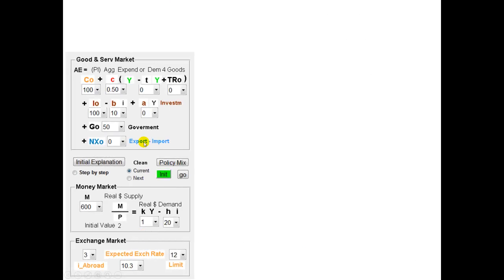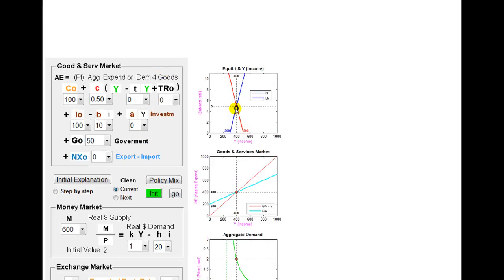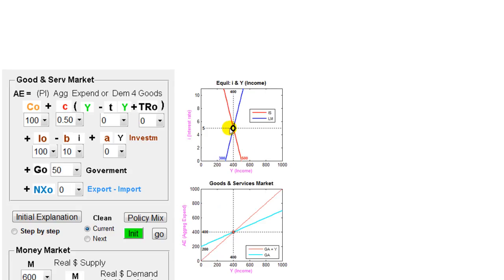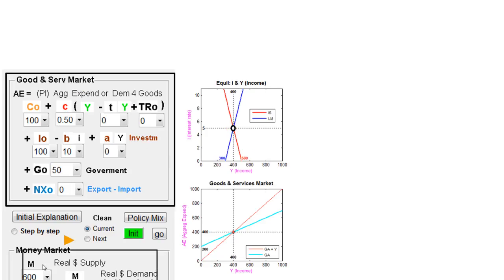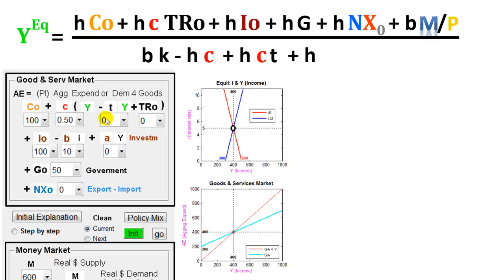In previous videos we derived this graph and we found this intersection using the goods and services market and the money market, and then we plug in these values in this expression and we got the income in equilibrium.